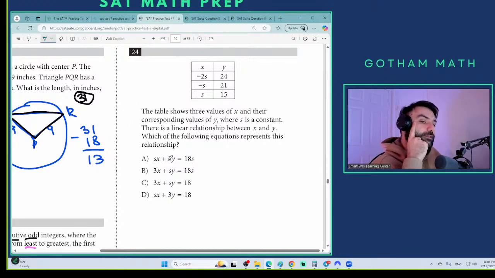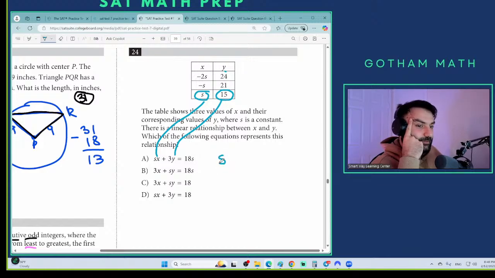But since we're kind of learning here, we have to think what would be the easier method. All right, let's plug in, let's say 15 for y, and s instead of x. What will happen?